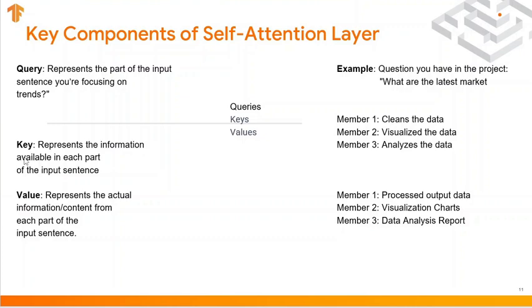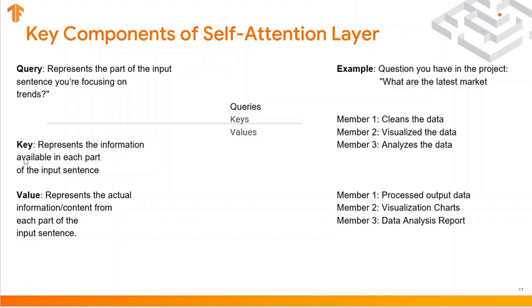Third is the value, which represents the actual information content from each part of the input sequence. This is going to be the output, the end product. Member one will process the data, member two will create the charts and different types of graphs so I can get the market trends, and member three will perform the data analysis report.